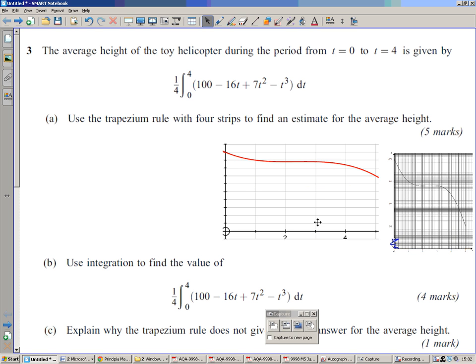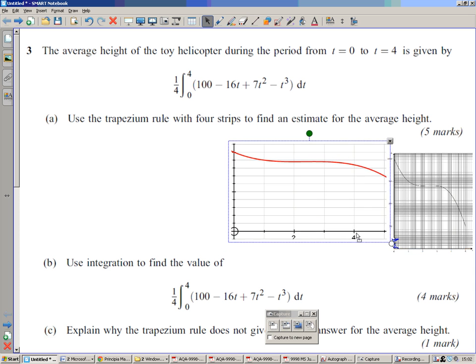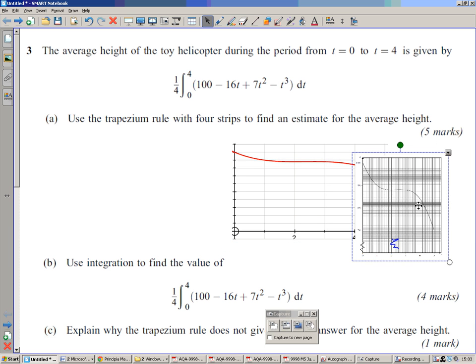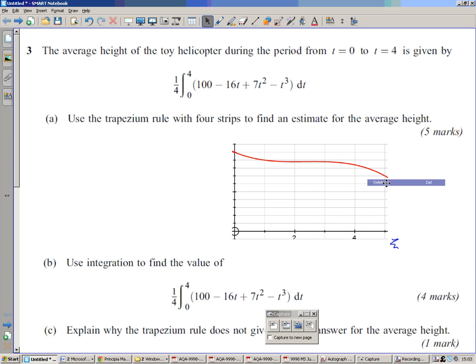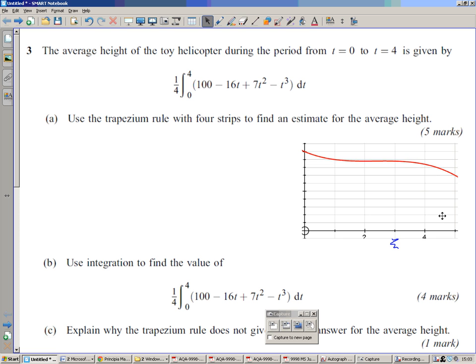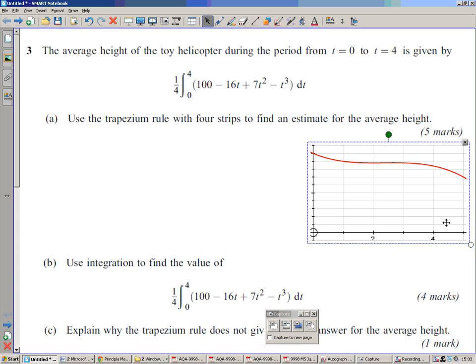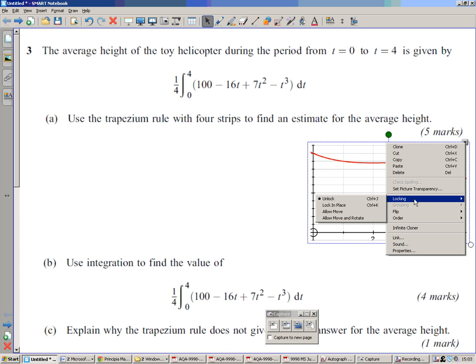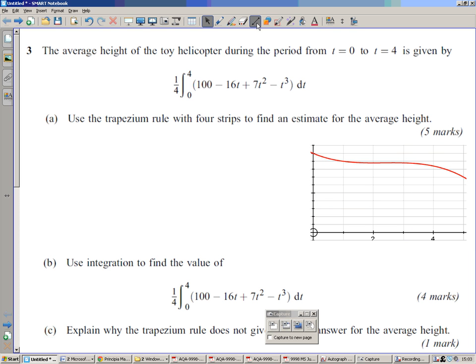Now, this is a trapezium rule question. You don't have to have a diagram for it, but I thought I'm going to use that one. I thought it would be useful to actually look at the graph of it and see what you're actually doing, even though you wouldn't have to show this in your question. What you're actually doing is drawing trapeziums underneath, and it asks for 4 strips.